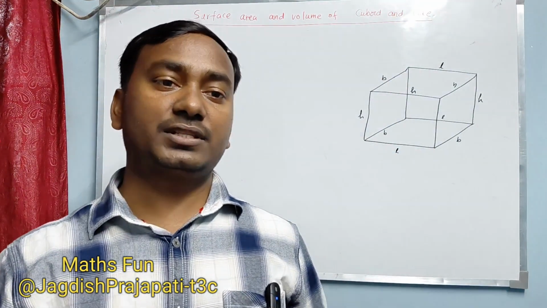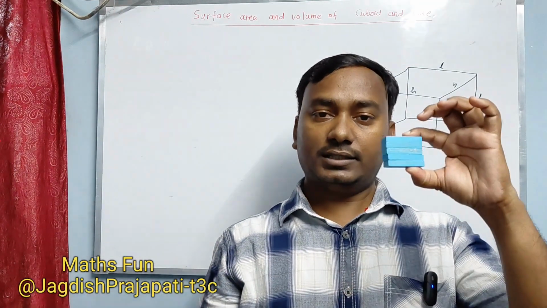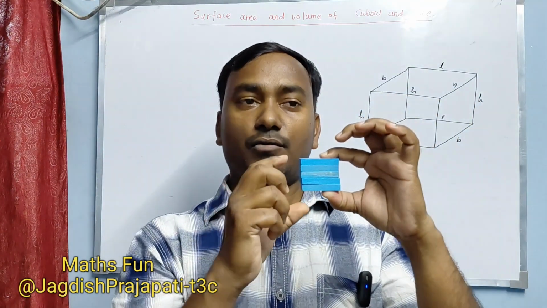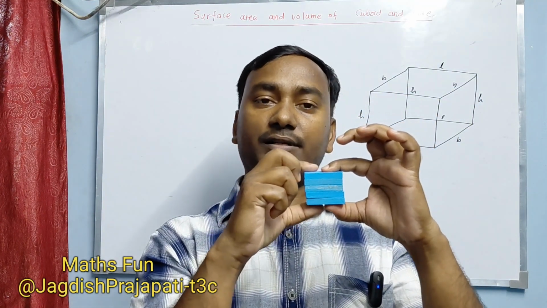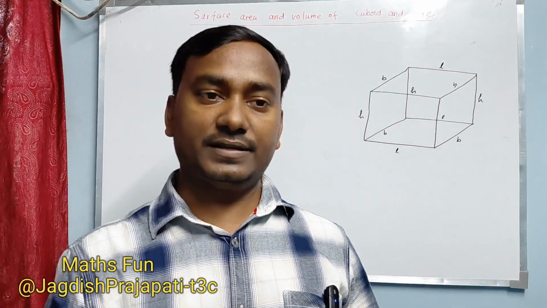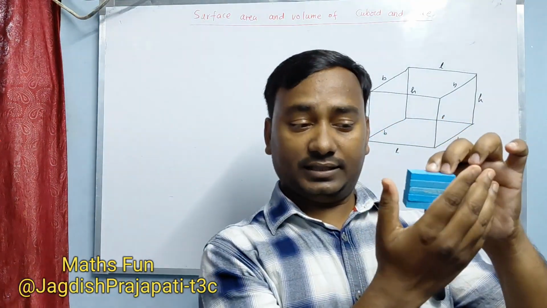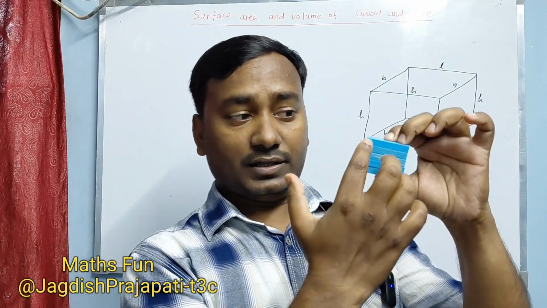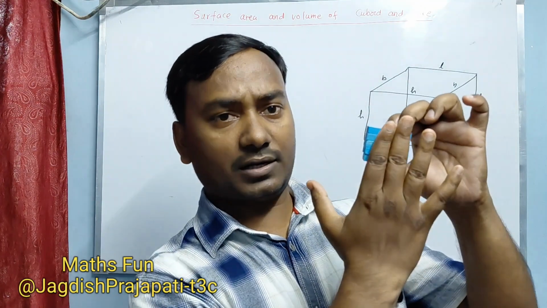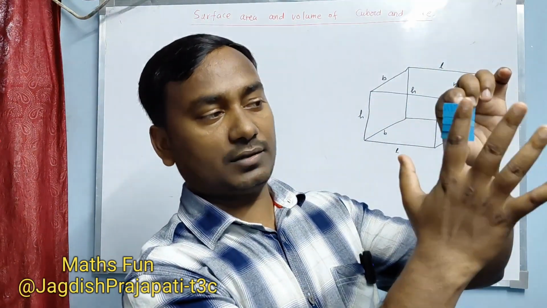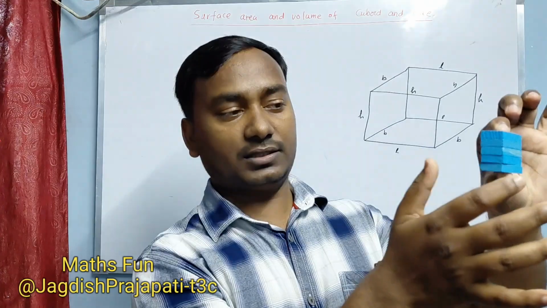So now we have to study the formulas for the cuboid: surface area of cuboid, its volume, and what will be the length of its diagonal. So let us first understand the surface area. Since this is covering six faces, six surfaces, surface area means the measurement of only the outer part of this, this, this, this and this.